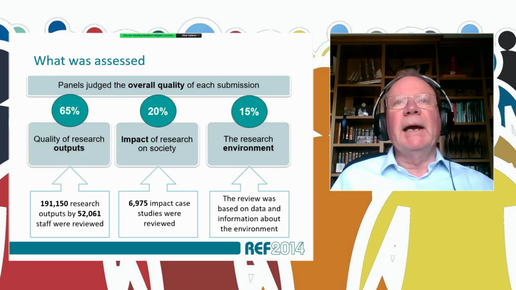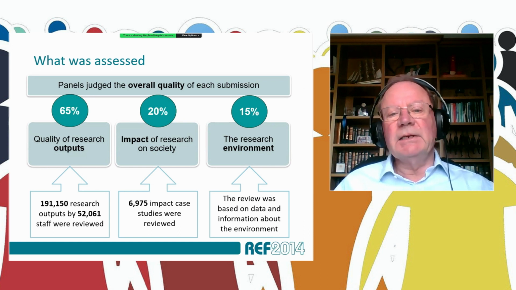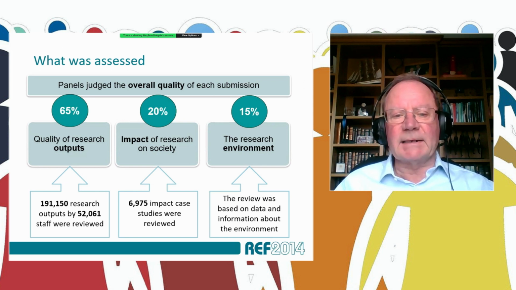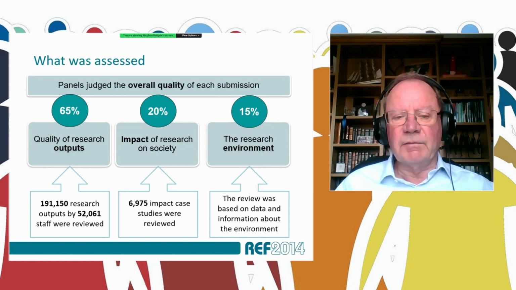And the way the panels are set up is that they consist both of academics and of users of research, stakeholders. And the users of research and stakeholders are particularly asked to be involved in the impact assessment, the first of which took place in 2014.